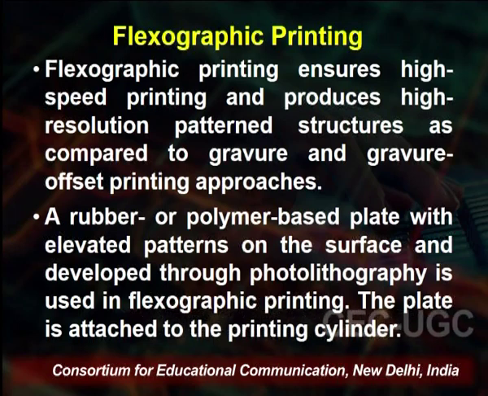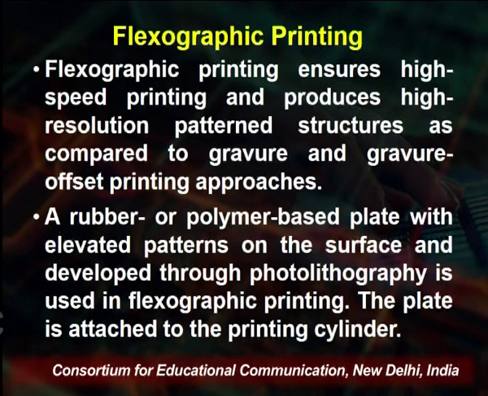So, in this a rubber or a polymer based plate with elevated patterns on the surface, developed through photolithography, is used in flexographic printing. Means we are having a polymer based plate, moreover we are using the substrate and then we use the flexo printing by using the photolithography.